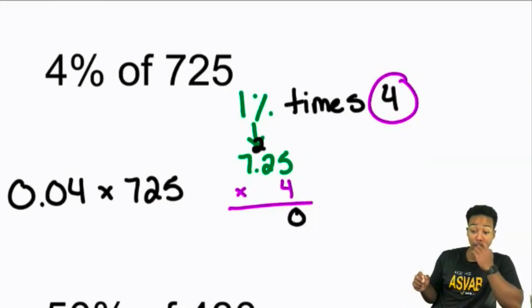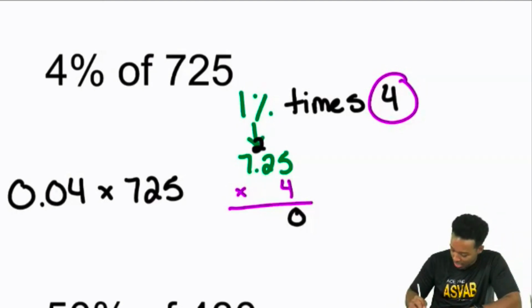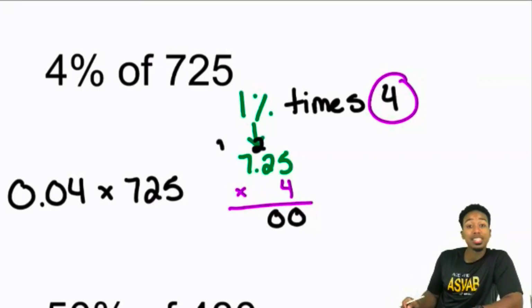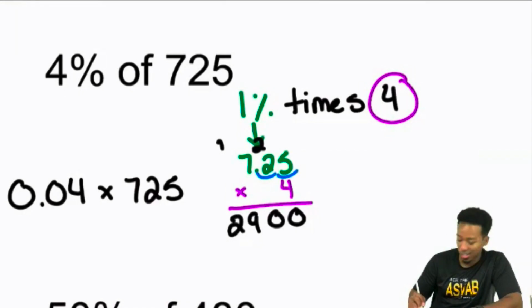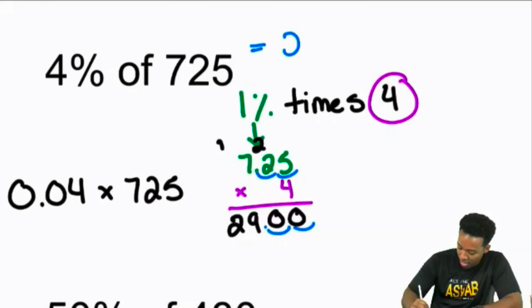All right, 2 times 4 gives you that 8. Add that 2, gives you a 10. Then 7 times 4, everybody, gives you 28. Carry that 1, gives you that 29. And so here, 1, 2 decimal places, 1, 2 decimal places. 29 would be the answer.